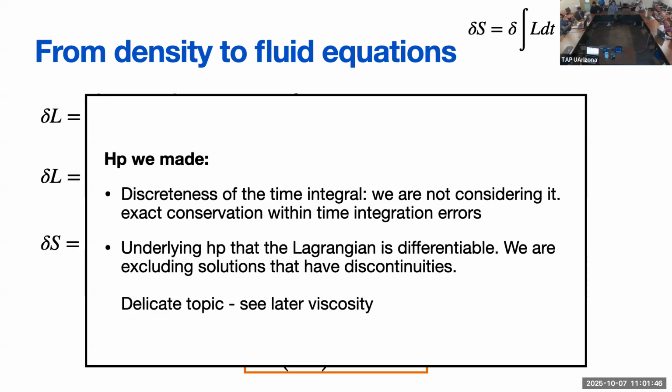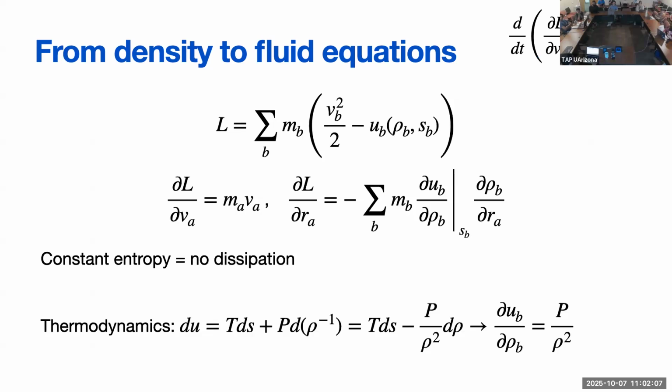We need to divide the evolution in time steps. And so the only errors compared to the exact conservation of energy come from the integration errors of the algorithm. So this is just the other hypothesis.